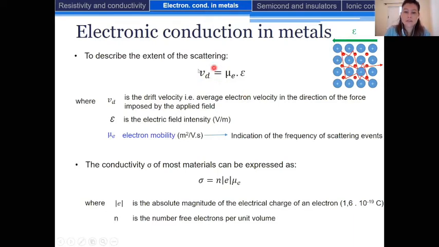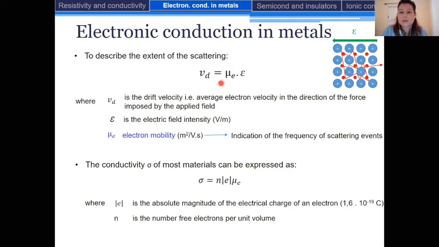And this drift velocity is directly proportional to the electric field intensity, but the factor of linearity is the electron mobility. And so the electron mobility will be an indication of the frequency of scattering events. So if this electron mobility decreases, this means that the drift velocity decreases also.